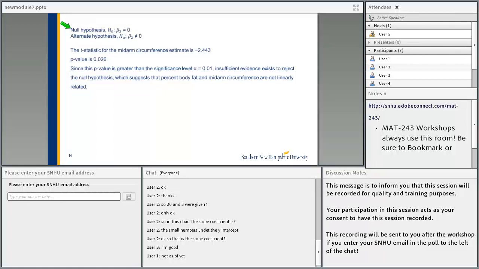So we retain the null hypothesis, which is beta 2 equals 0. If beta 2 is equal to 0, this means that x2 and y are not linearly related. So x2 has no effect on the value of y. So in that case, you have to drop your x2 term from your equation.